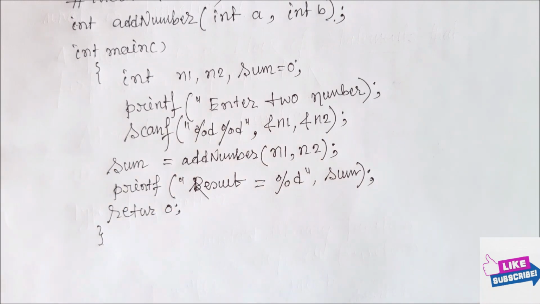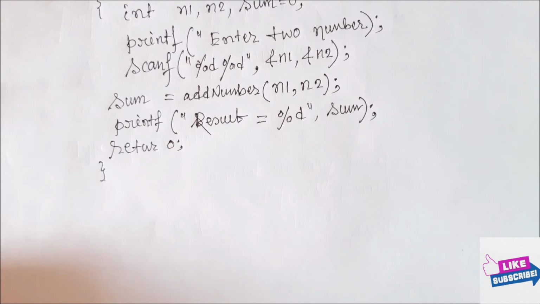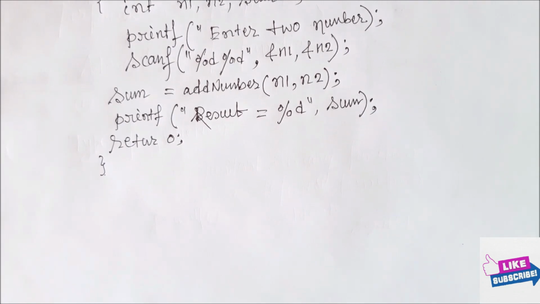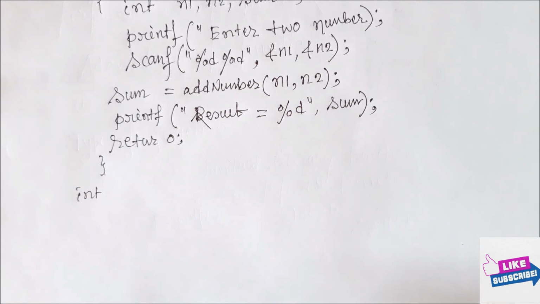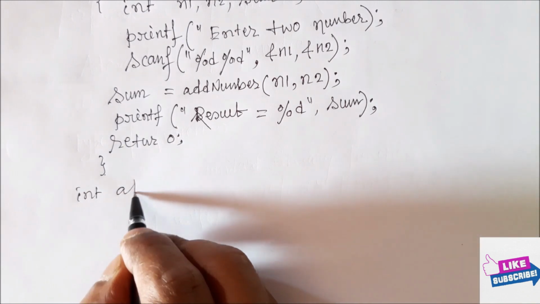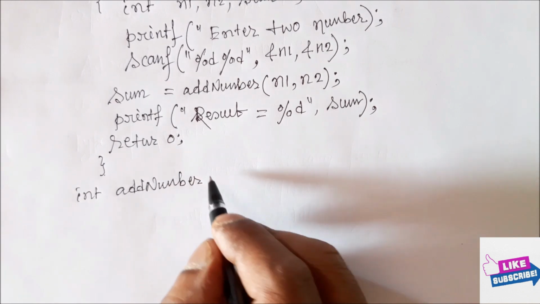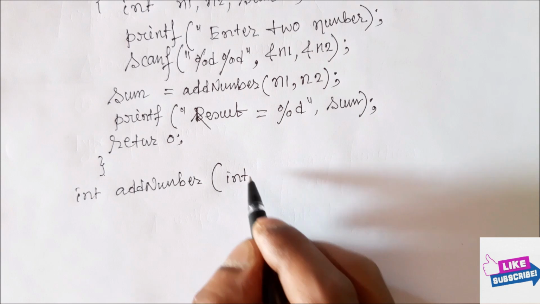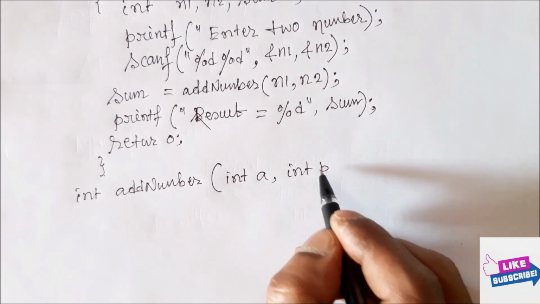I am writing this function with int as the return type, int add number, int a comma int b.